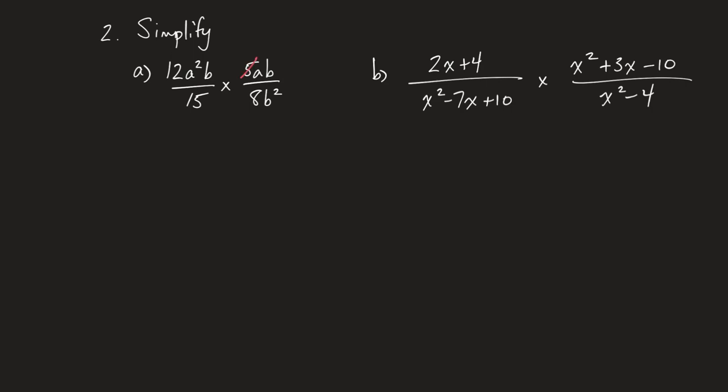So I could divide out a 5 from 5 and 15. I could then divide out a 4 from 8 and 12. I can then divide out a 3 from both those 3's. All my coefficients have been reduced. My recommendation to you is to put in one middle line.